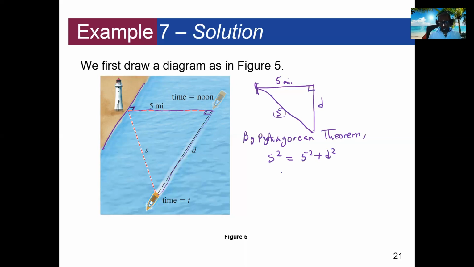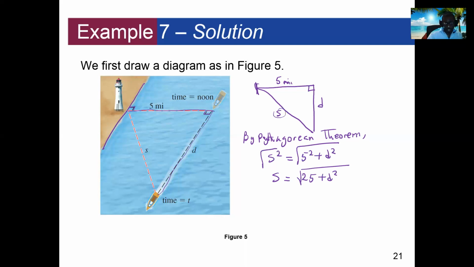If you take the square root on both sides, then we have S equal to the square root of 25 plus d squared. That gives us the distance from the lighthouse to where the ship is.